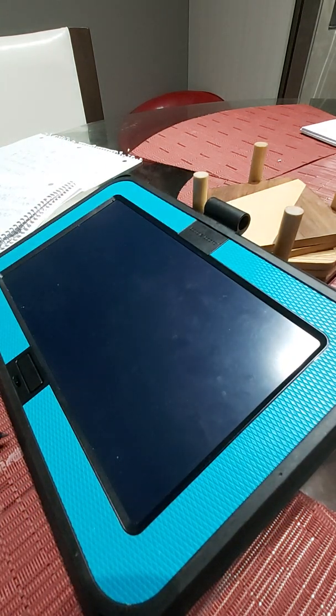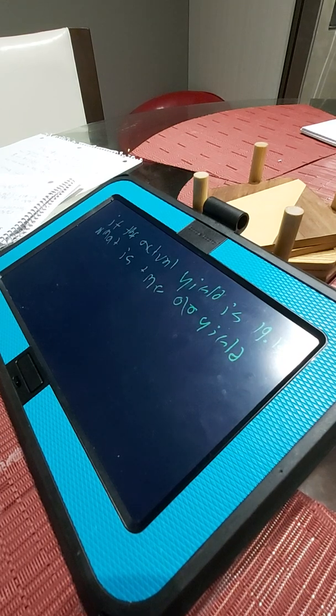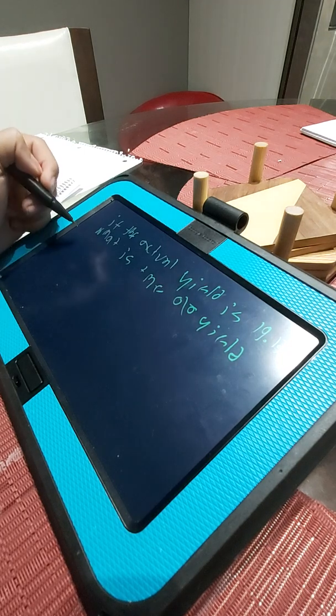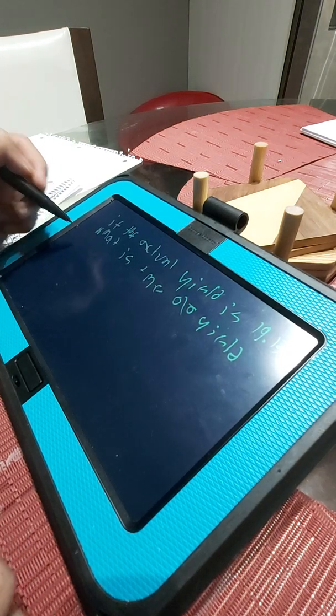So in this example, the question is asking: if the actual yield is 19.13, what is the percent yield? What you need to do is relatively simple. You solve your equation, which would get you your theoretical yield.